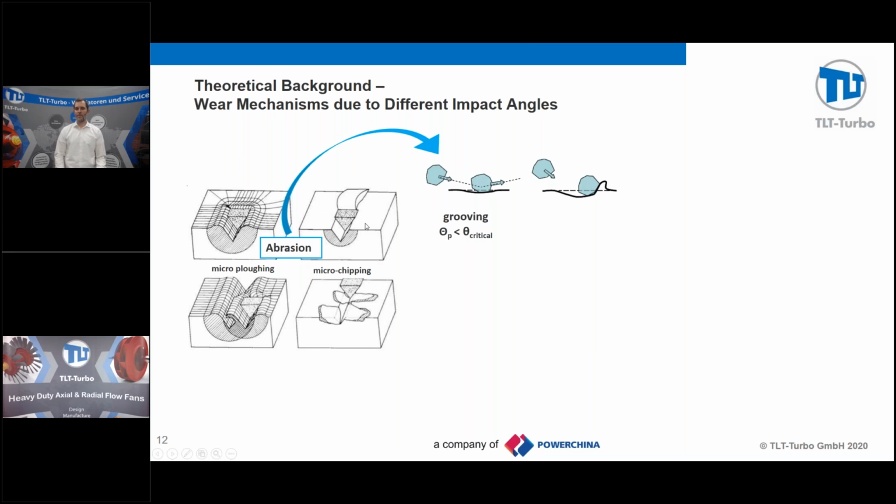Abrasion means we have a very low impact angle, and the particles simply groove in and take a little bit away, which is the case when the impact angle is lower than a critical impact angle. And as soon as your angle gets a little bit steeper, you go from grooving to chipping and cutting, and then the deformation of your material takes place on a higher scale.